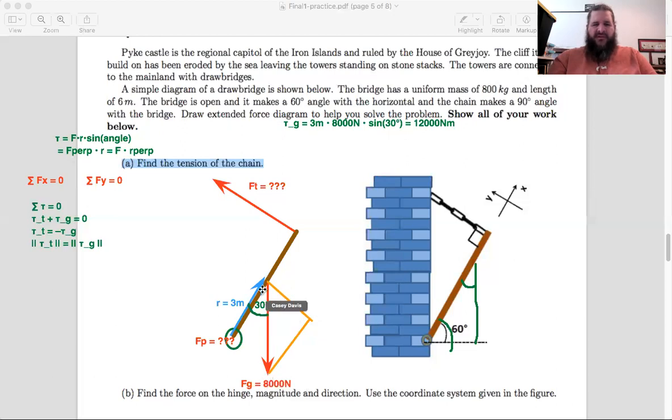So this triangle will split up the force of gravity, 8,000 newtons as the hypotenuse, into a perpendicular component, which is what we actually care about, and a parallel component, which we don't really care about. Parallel in the sense of parallel to the drawbridge itself. So what we want to do is find the perpendicular component.